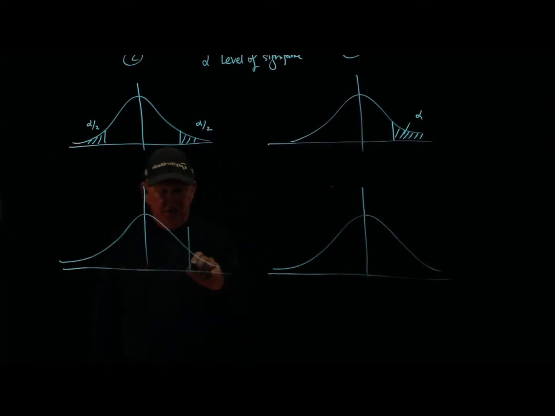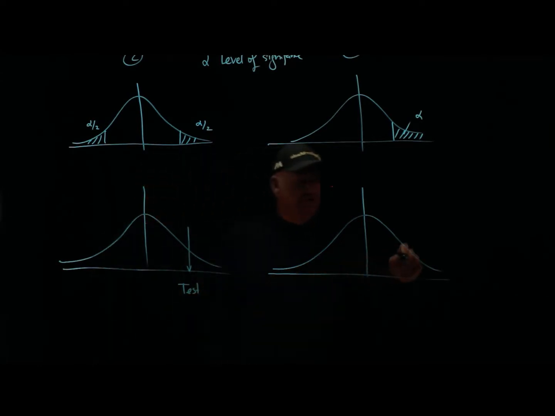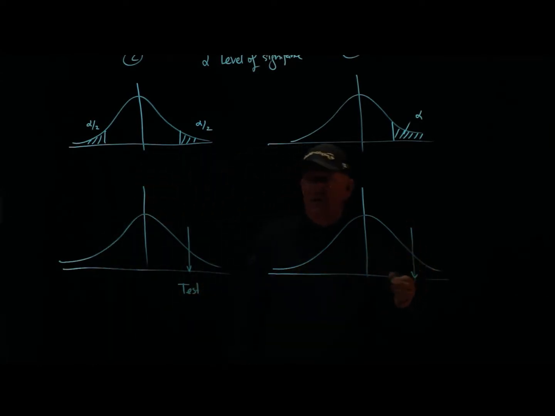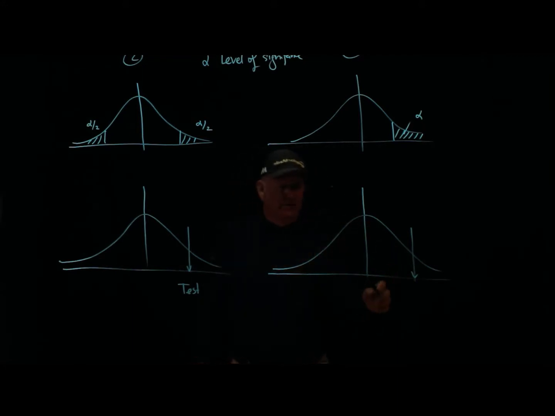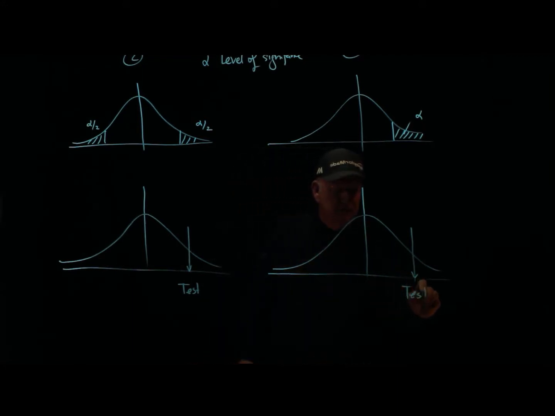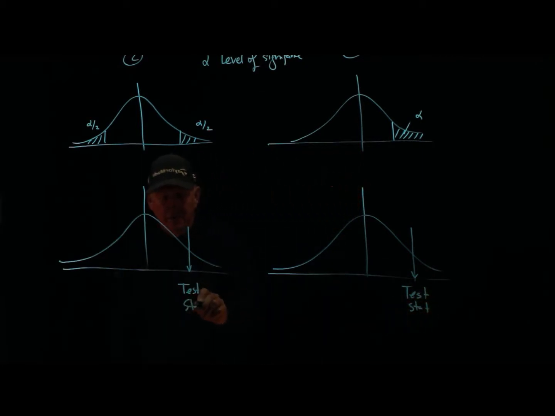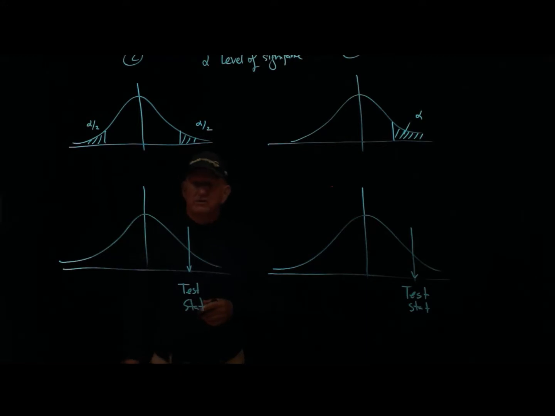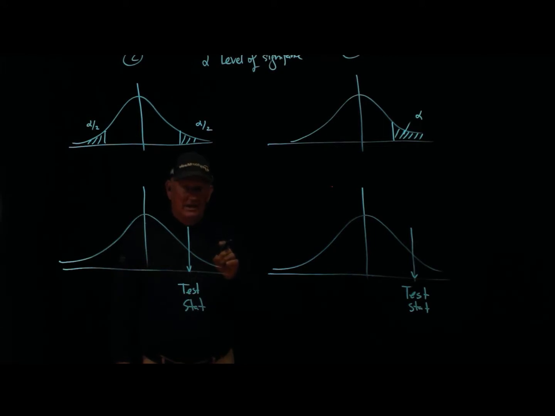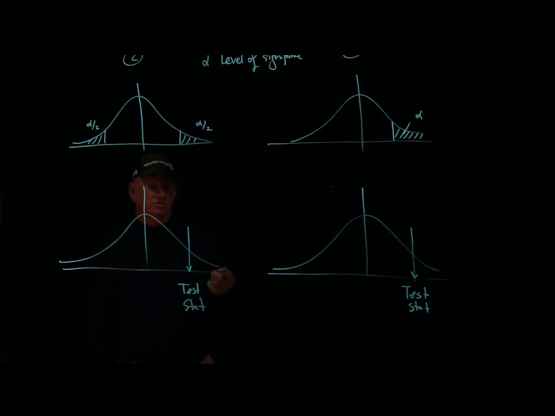If you have a test statistic, and we're going to use a situation in which the test statistic is the same for both the two-tail and one-tail test, whatever that value is, and whether it's a mean or a proportion or whatever statistic, the p-value is the probability of obtaining a result as extreme or more extreme than the test statistic.